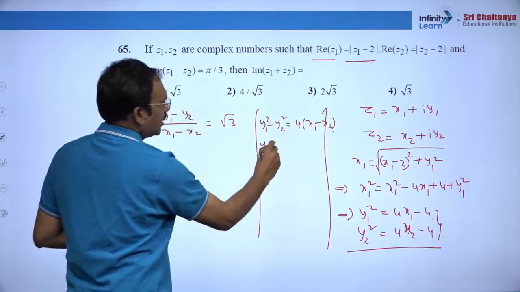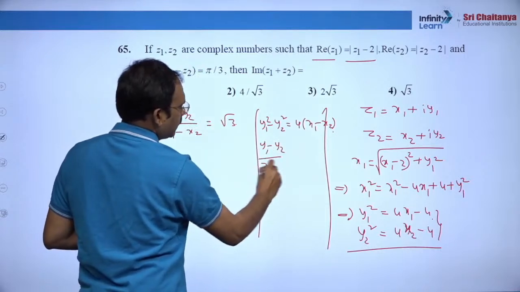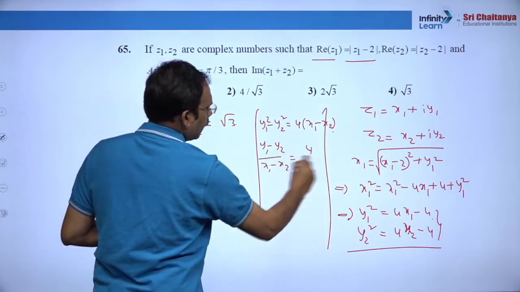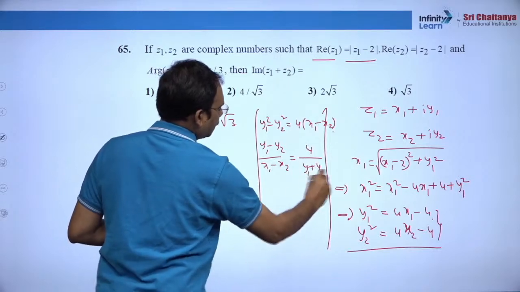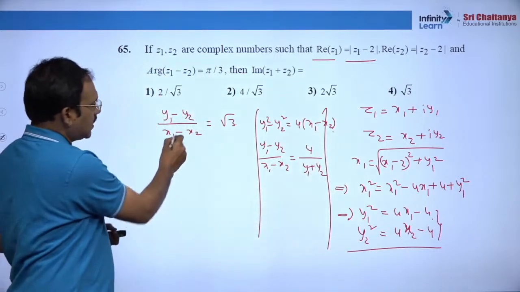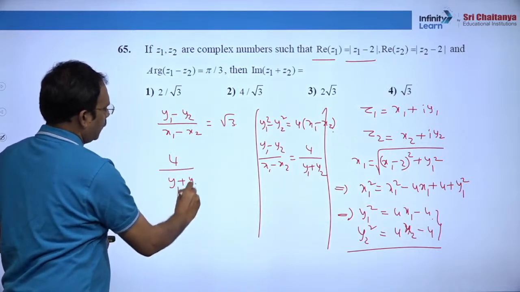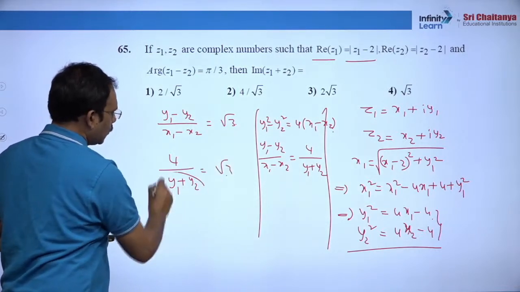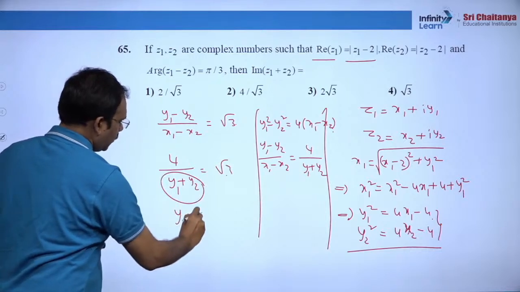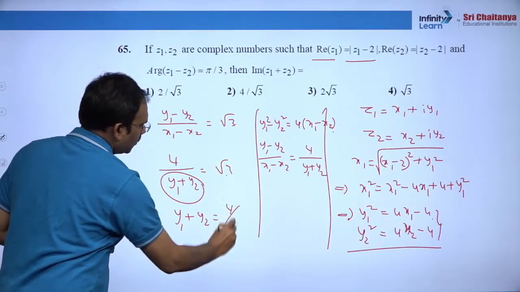From this you can write y1 minus y2 by x1 minus x2 is 4 by y1 plus y2. So, this is given as root 3. So, 4 by y1 plus y2 is going to be root 3. So, y1 plus y2 is going to be 4 by root 3, my dear friends.